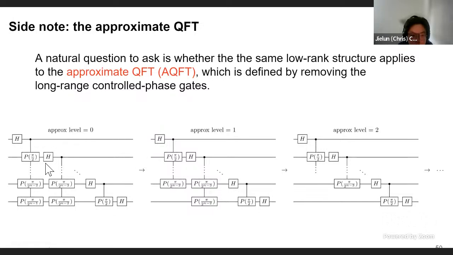With zero approximation, I have the full circuit. With approximation level 1, you remove the controlled phase gates with the longest interaction range, and with approximation 2, you remove these further.